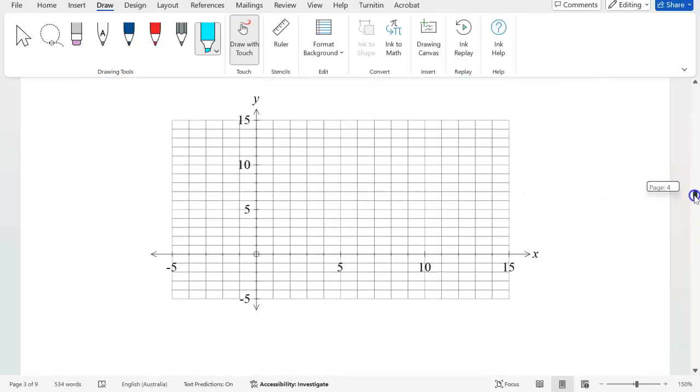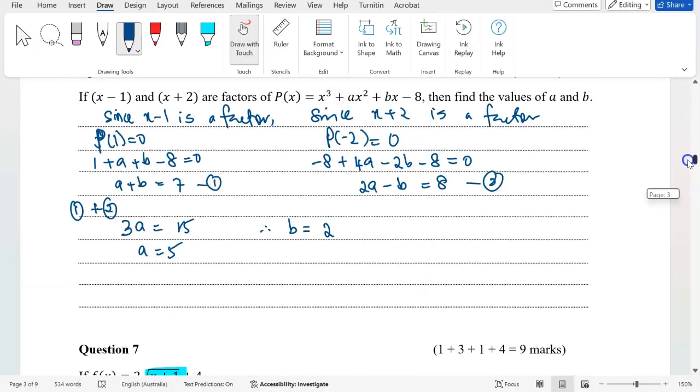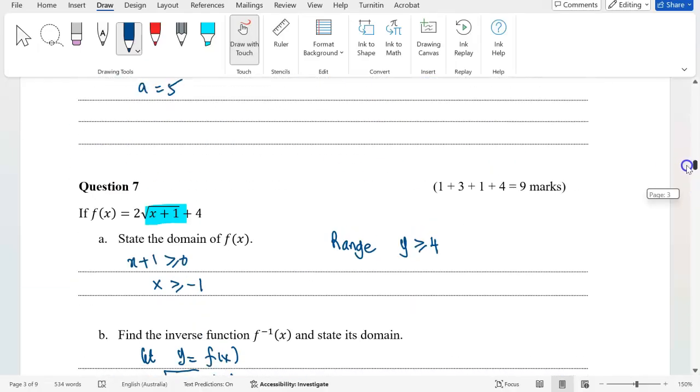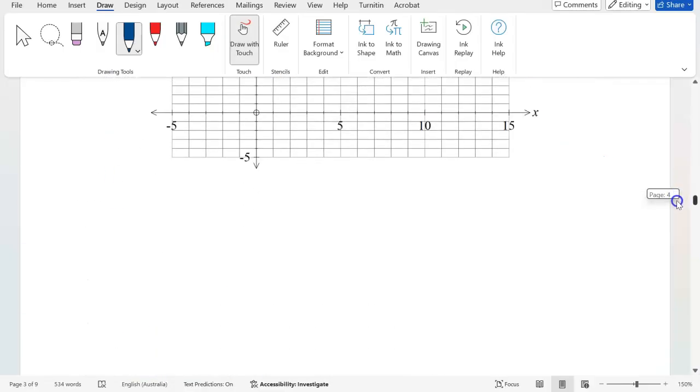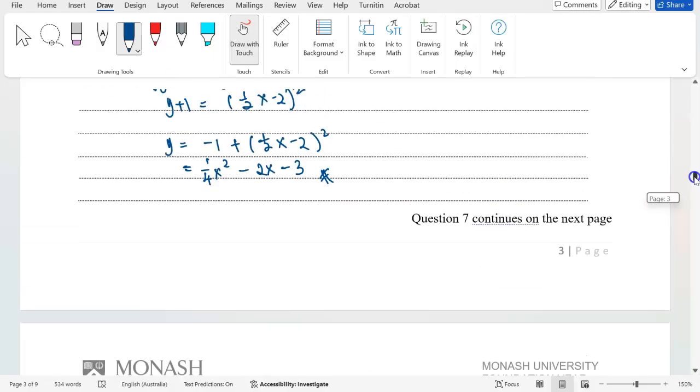So sketch the graph. We have the graph. It should be (-1, 4). So that would be (4, -1) for the inverse. Okay.